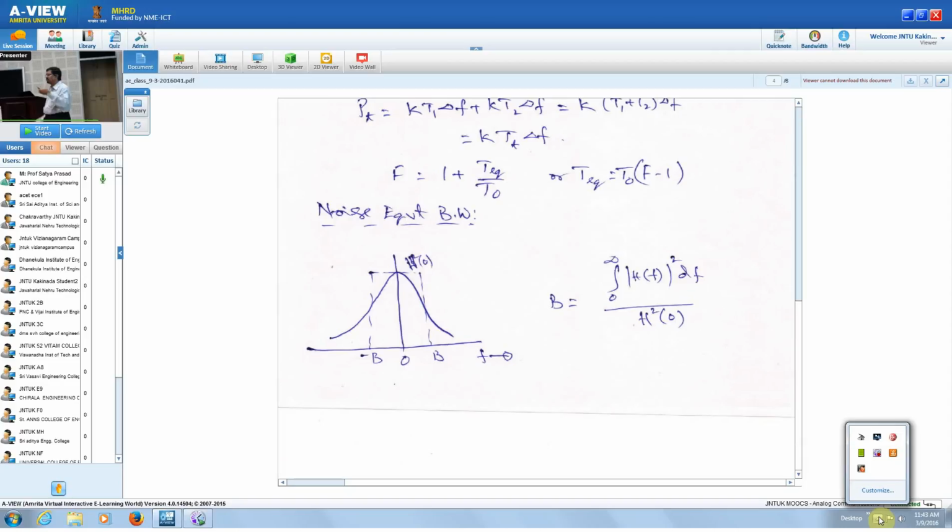So these are the different parameters so that you can compare the various systems based on these metrics. How much bandwidth your system has, or how much noise figure they have, and so on, so that you can design your receiver circuit appropriately, so that the noise performance of the receiver is better in the presence of noise.